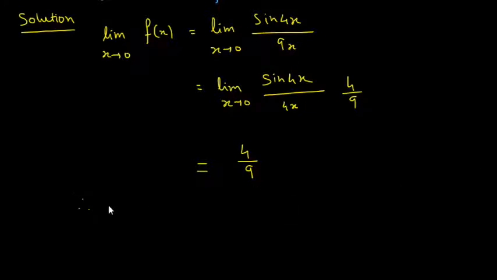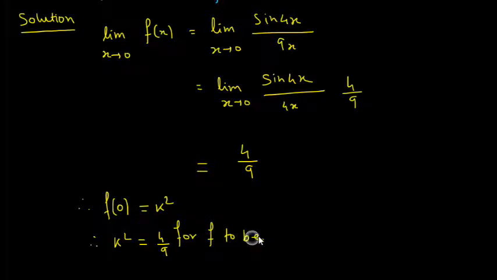Therefore, f0 is equal to k square. K square is equal to 4 by 9 for f to be continuous at x is equal to 0.